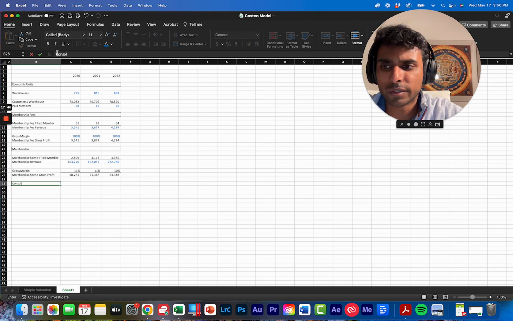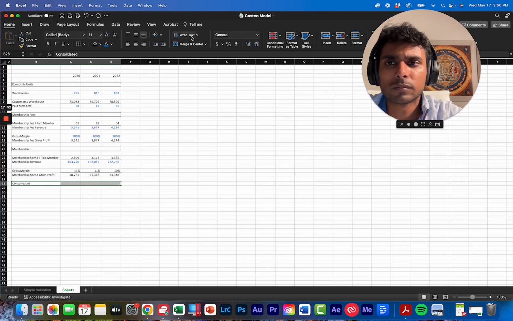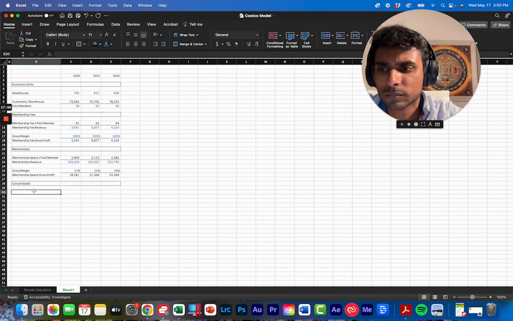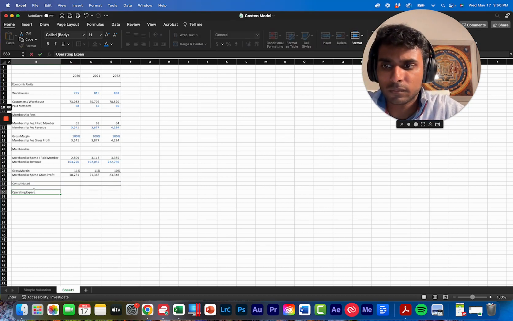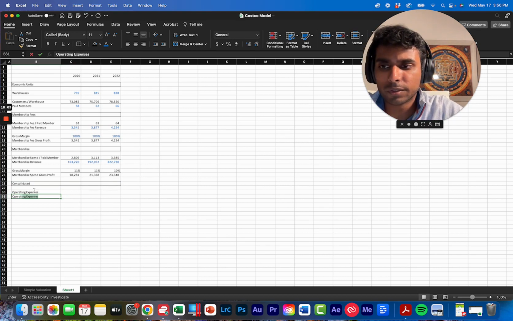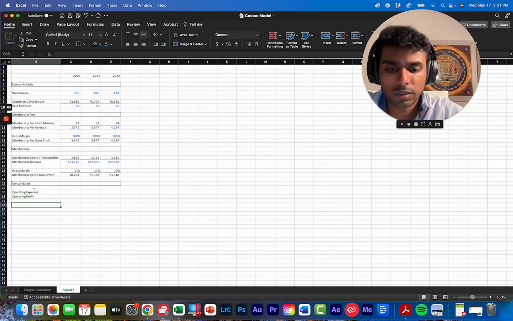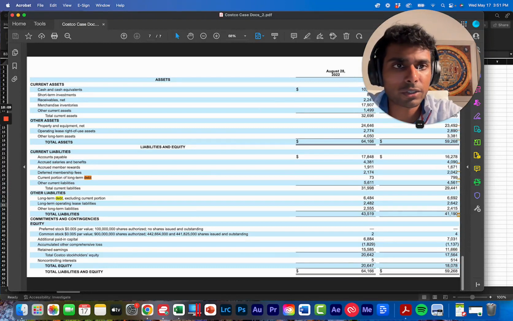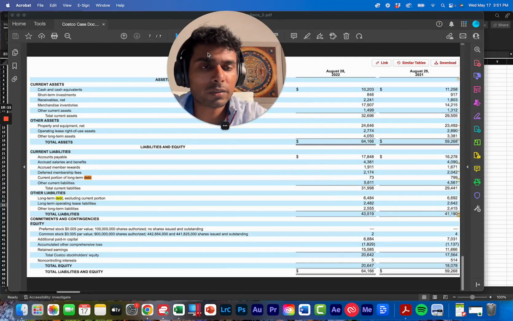Okay, and then we'll call this section the consolidated. Operating expenses, operating profit. Again, Costco is another net cash business, right?